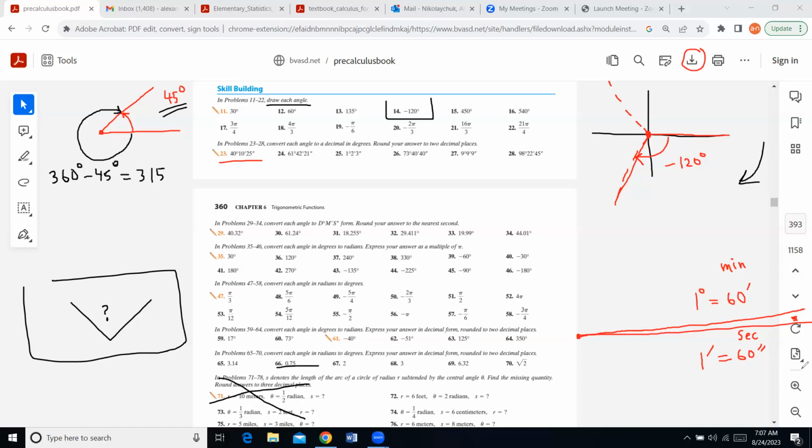But what they want you to do is also realize that since 1 degree is 60 minutes, when you divide both sides of this statement by 60, since this is an equation, you can do that, right? Then what you're going to get is 1 minute on the right side. And the expression for 1 minute is a degree divided by 60.